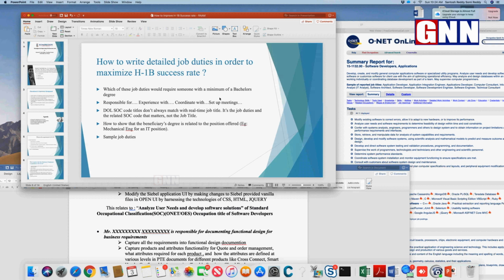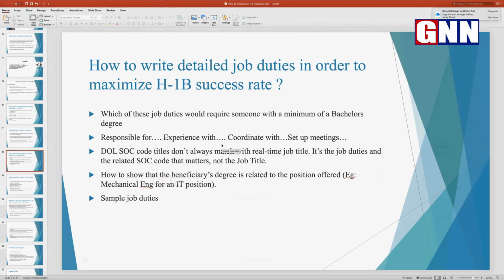Then, most of the time, the job titles that we use in the real world are not the same as the job titles that the Department of Labor uses. So we have to be very careful in choosing the SOC codes.